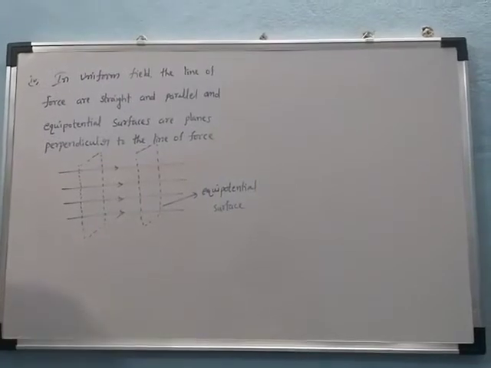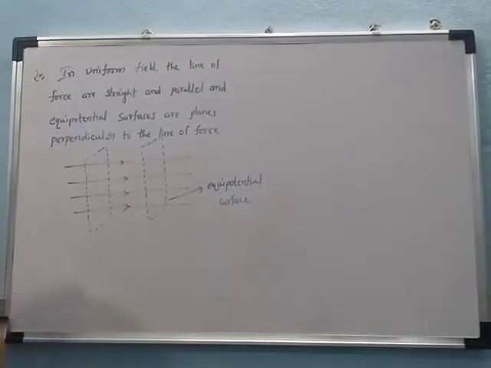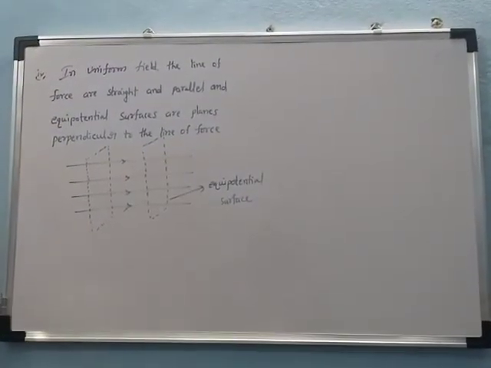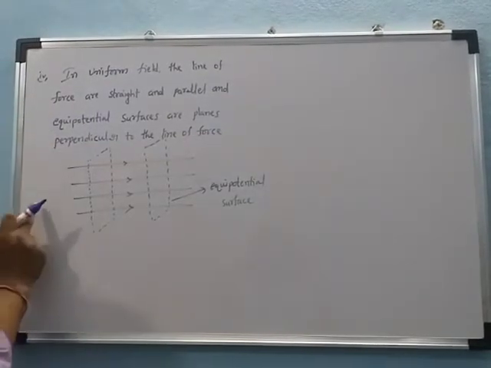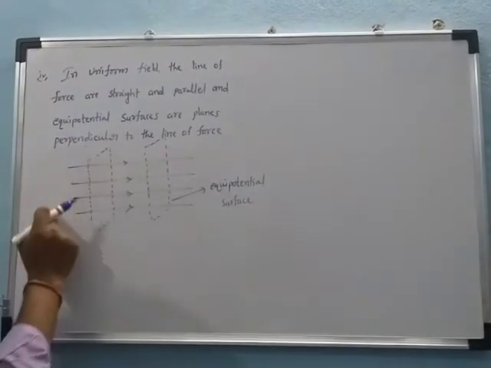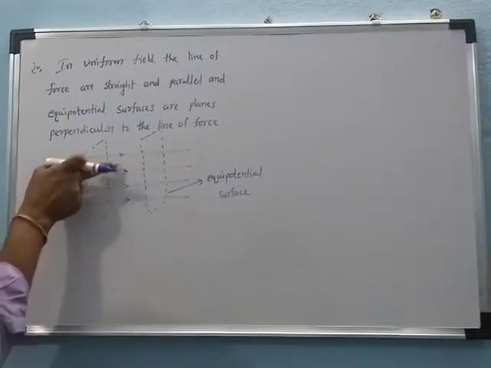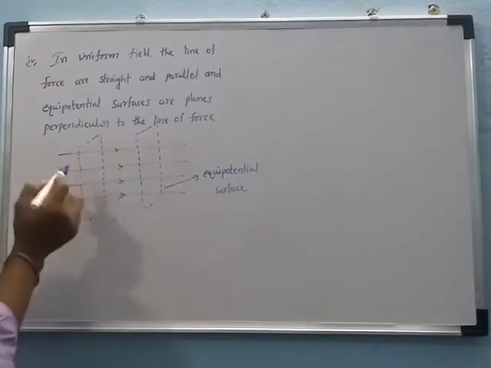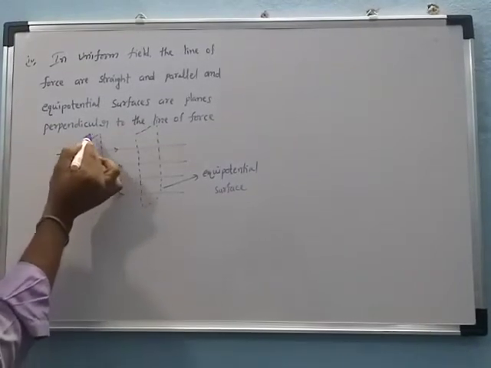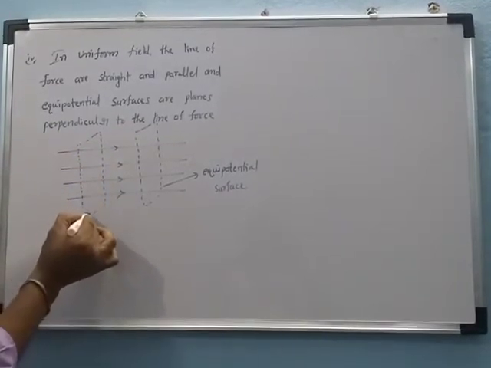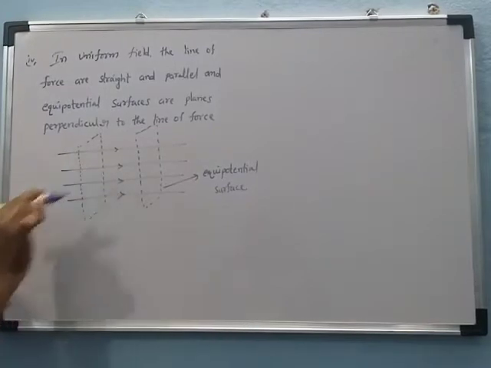Now the next, in a uniform field, consider the uniform field. The lines of force are straight and parallel, and the equipotential surface is perpendicular to the lines of force.